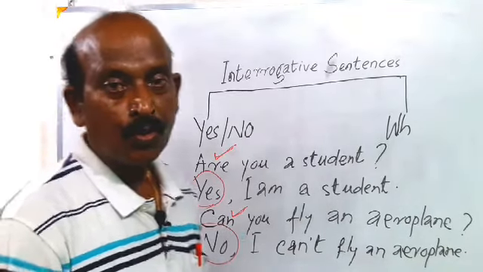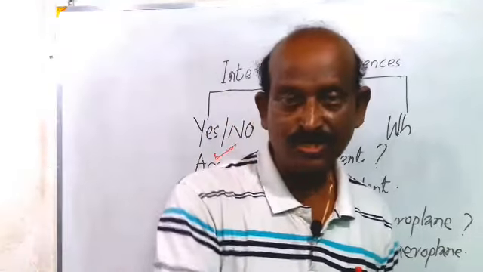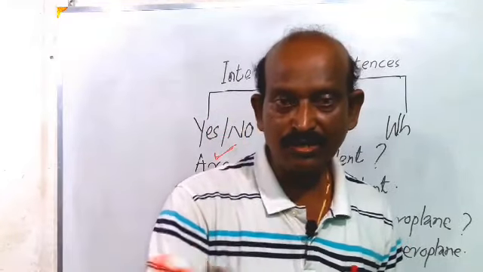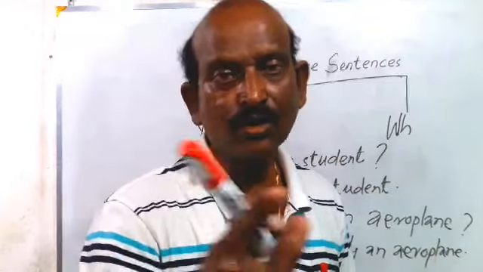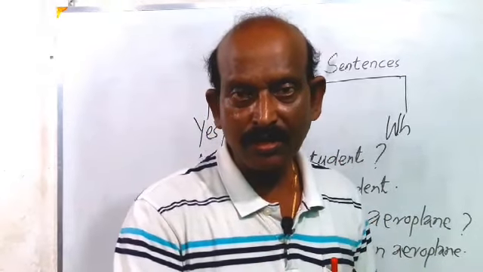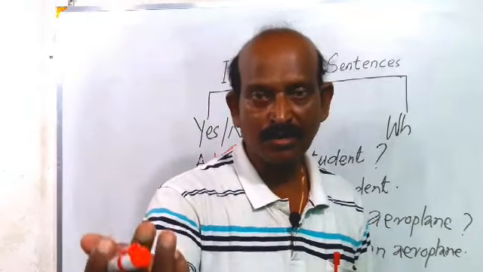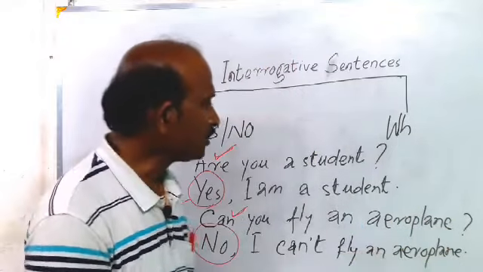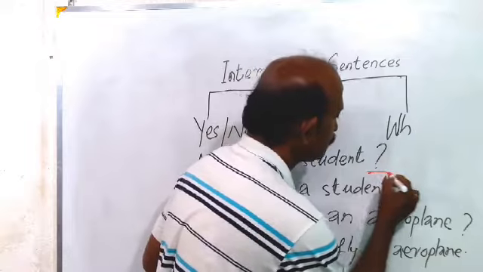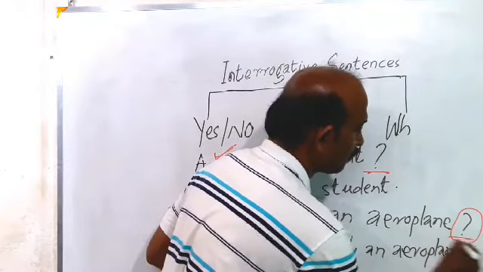So when a yes no type question is asked, it begins with an auxiliary verb. That may be a modal auxiliary, that may be a primary auxiliary. And each introductory sentence ends with a question mark. Follow.